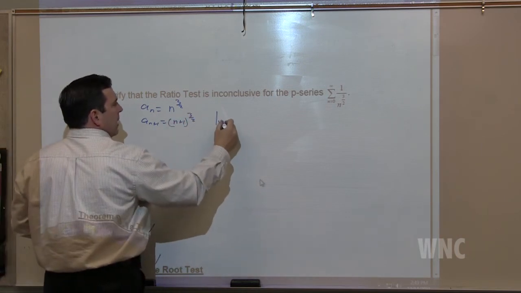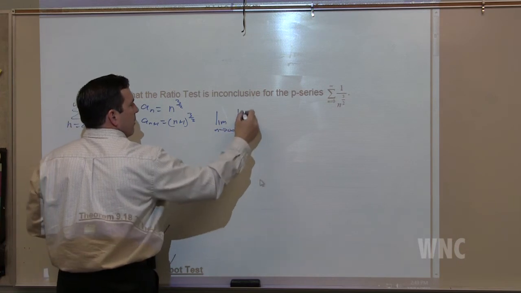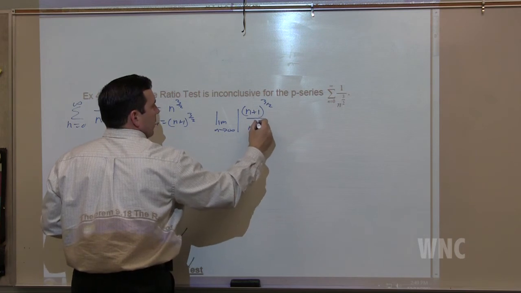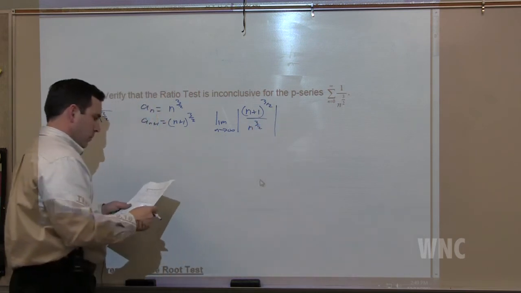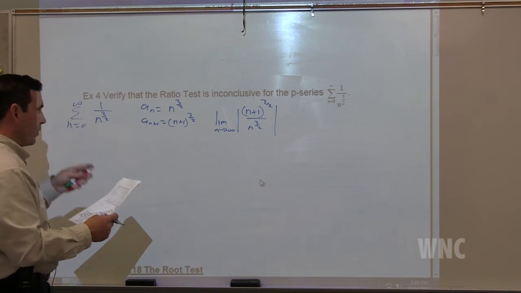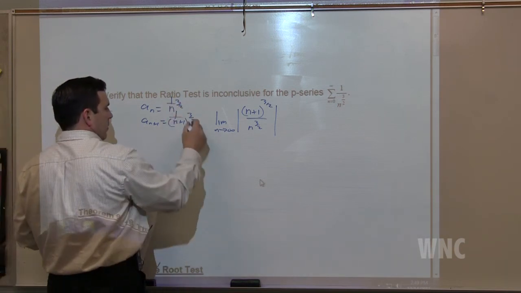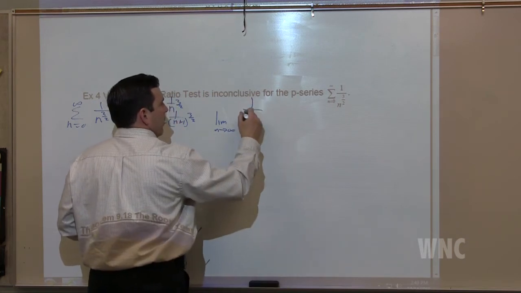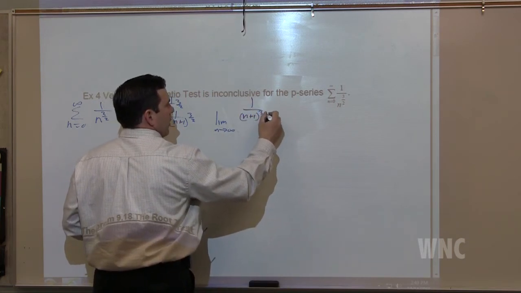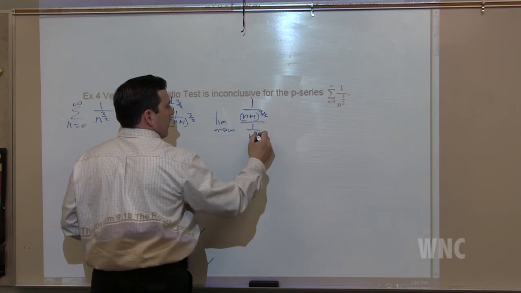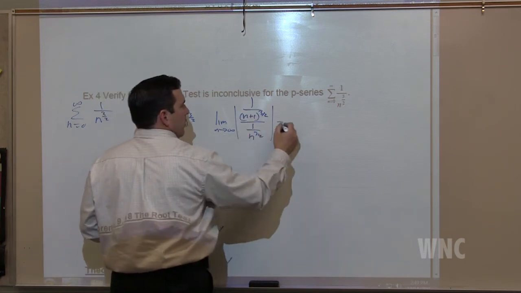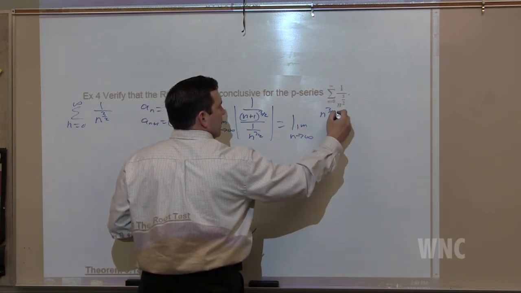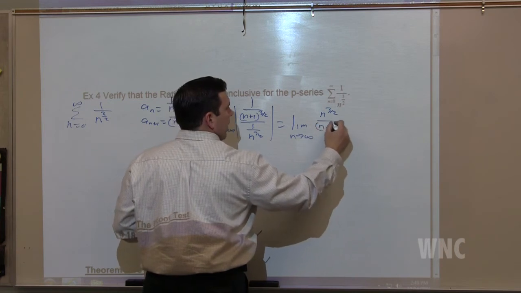So if we did the limit as n goes to infinity of the absolute value of 1 over n plus 1 to the 3 halves over 1 over n to the 3 halves, this will be the limit as n goes to infinity of n to the 3 halves over n plus 1 to the 3 halves.